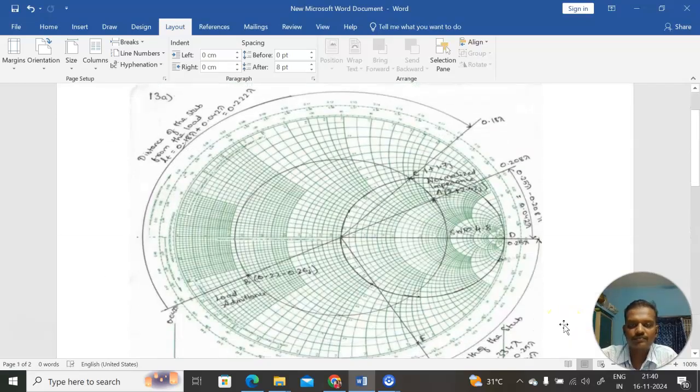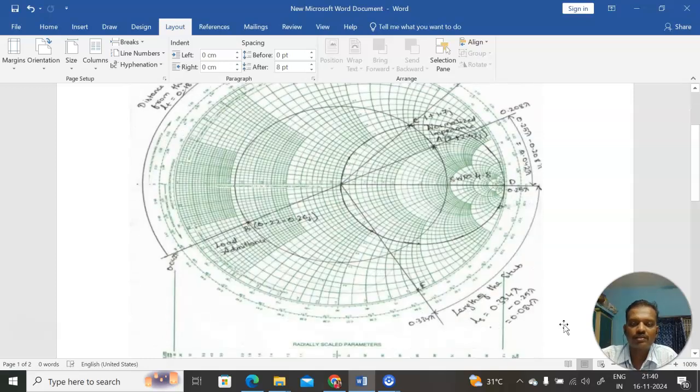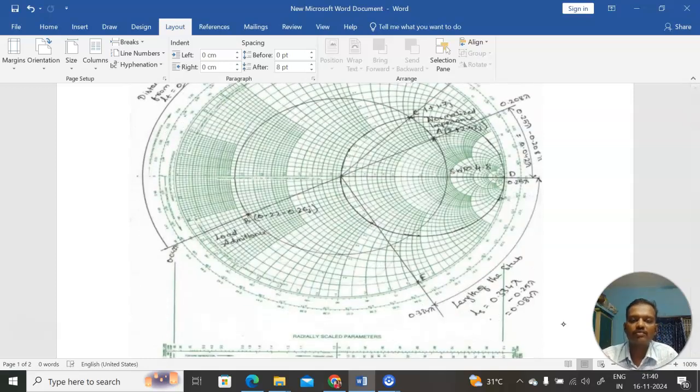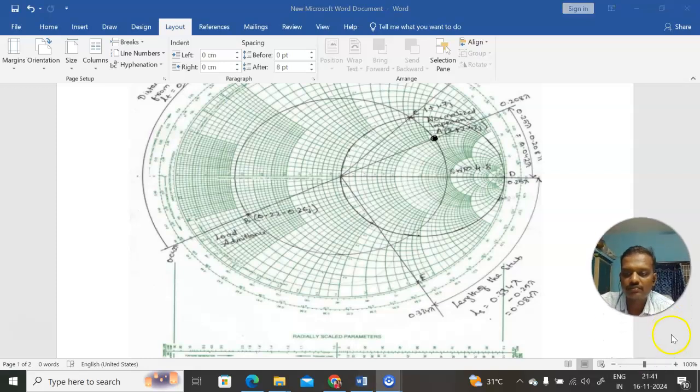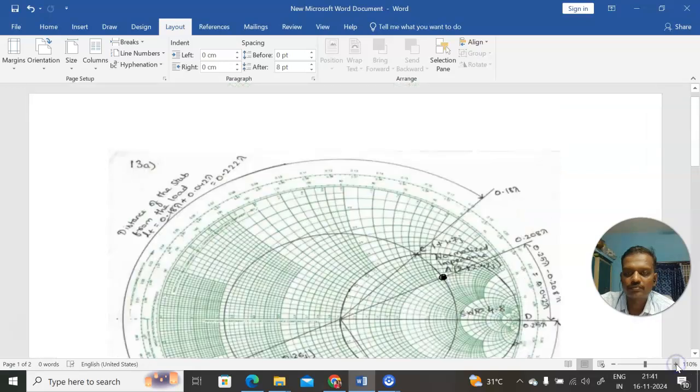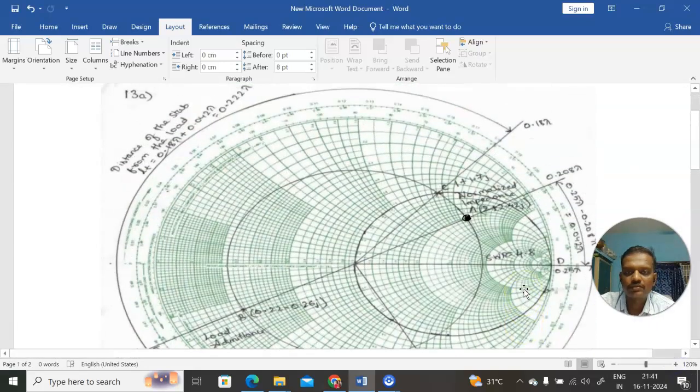So here this is our given graph. The first step, we are supposed to draw 2 plus 2.4J. Okay, so here we are marking 2 plus 2.4J. As you all know, it can be performed by this.